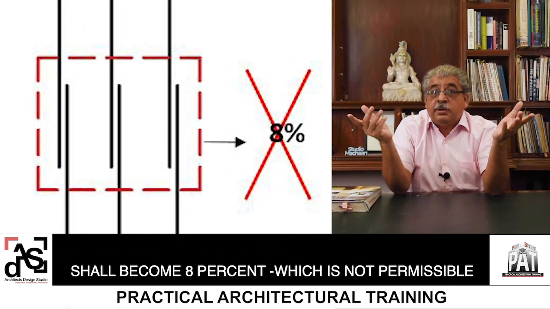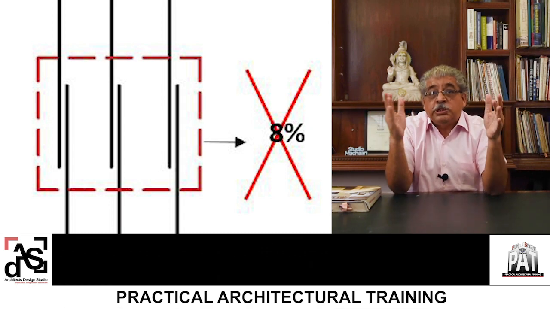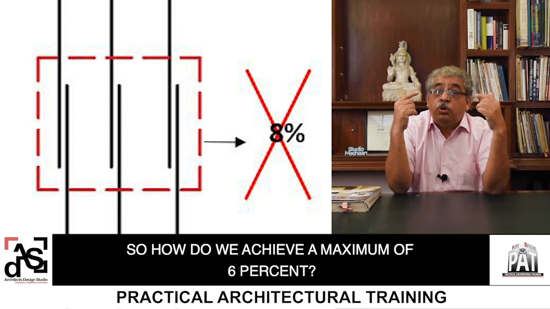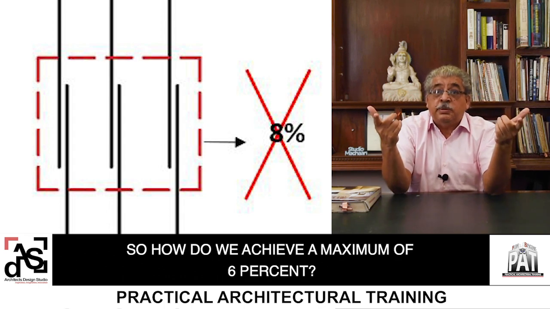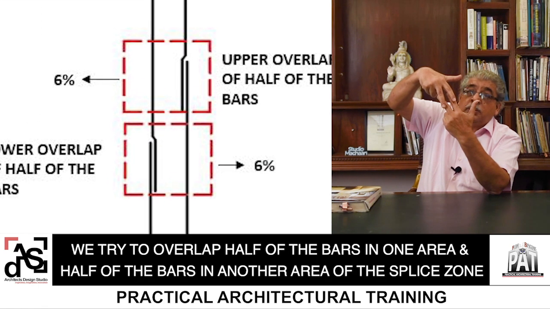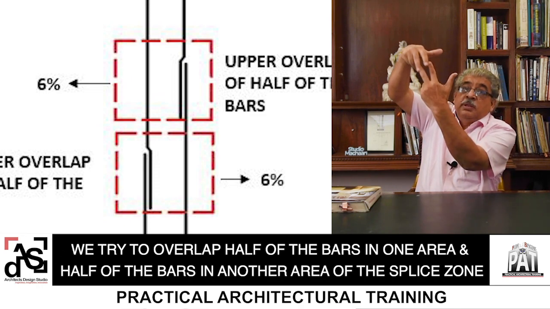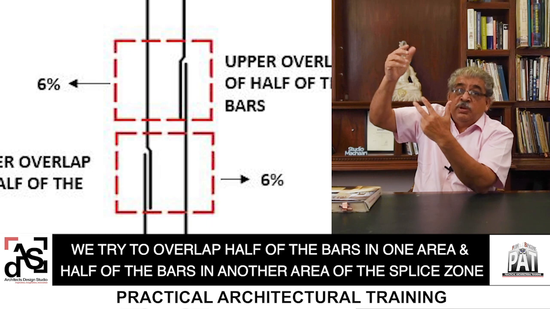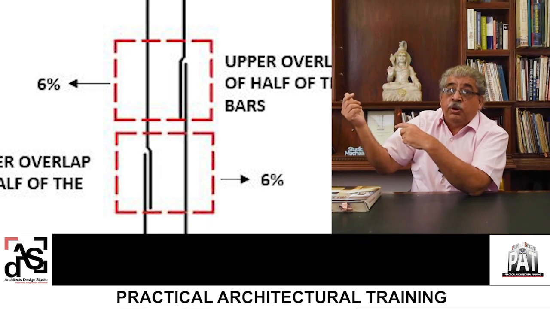But 8% is not permissible. 6 is the maximum which is permissible. So how do we achieve a maximum of 6%? So we try to overlap half the bars in one area and half the bars in the area above within the splice zone. You can have a look again at the drawing.